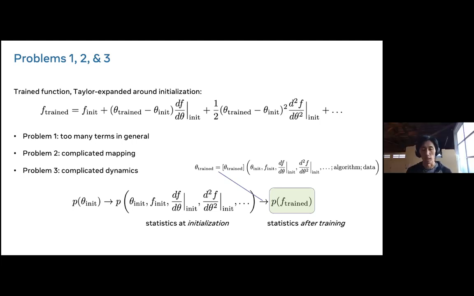But at finite width, some parts start to depend on the algorithm, and it's easier to see for gradient descent, but it would be nice to generalize to stochastic gradient descent. And one thing I'm curious about these days is the Adam case, like how it looks even in the infinite width limit.